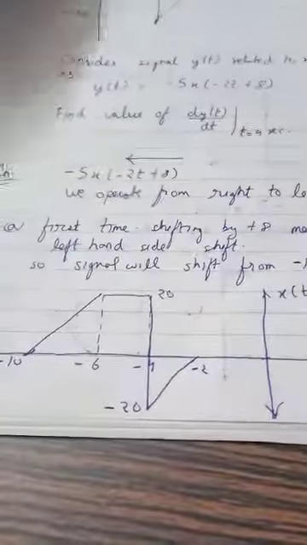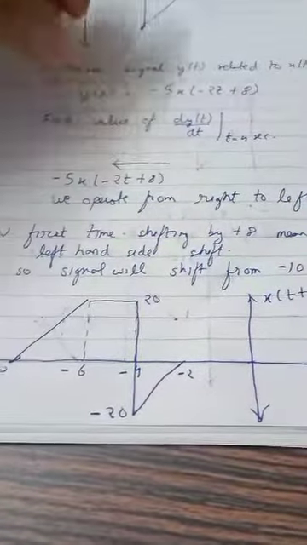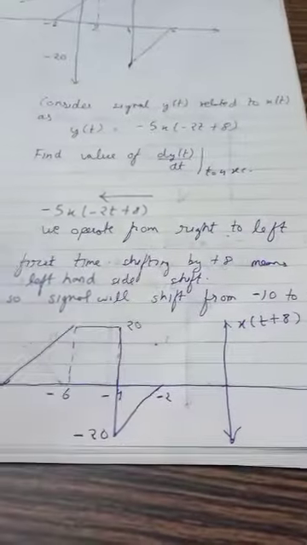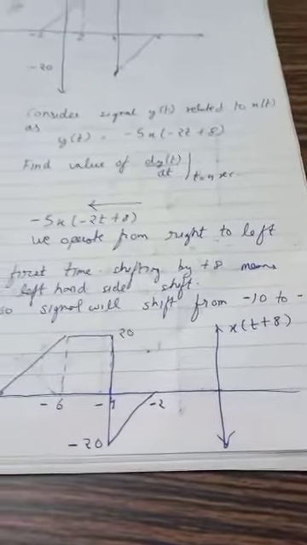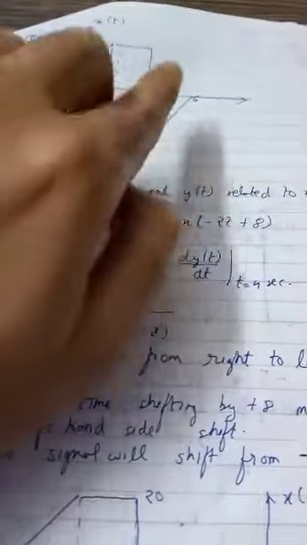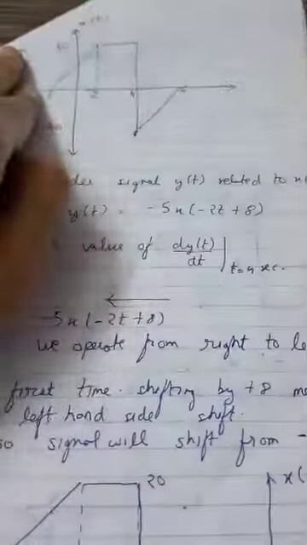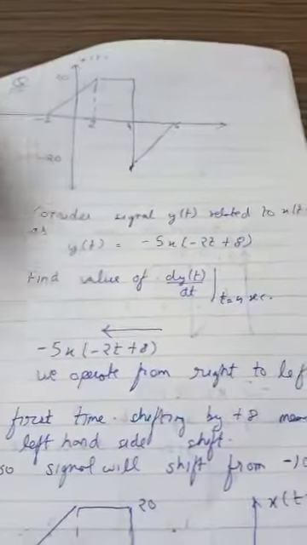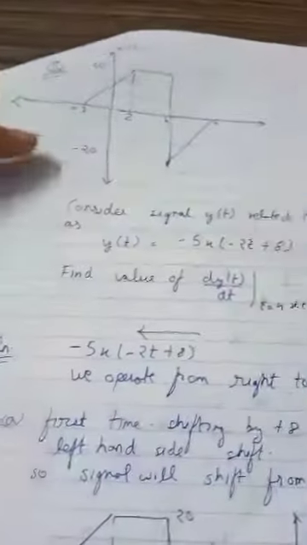We have to time shift by plus 8. Time shifting by plus 8 means we have to shift the signal from the right hand side to the left hand side. So this signal will entirely shift from here to here. And if it was -8, then we would shift the signal from here to here.